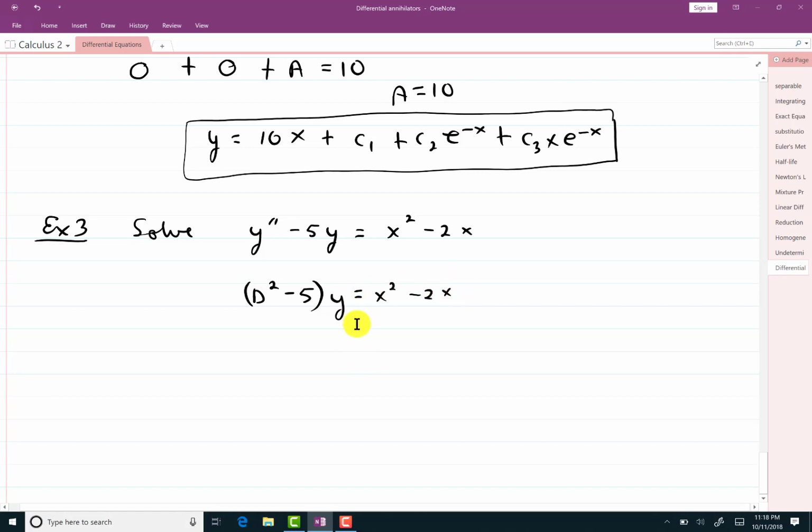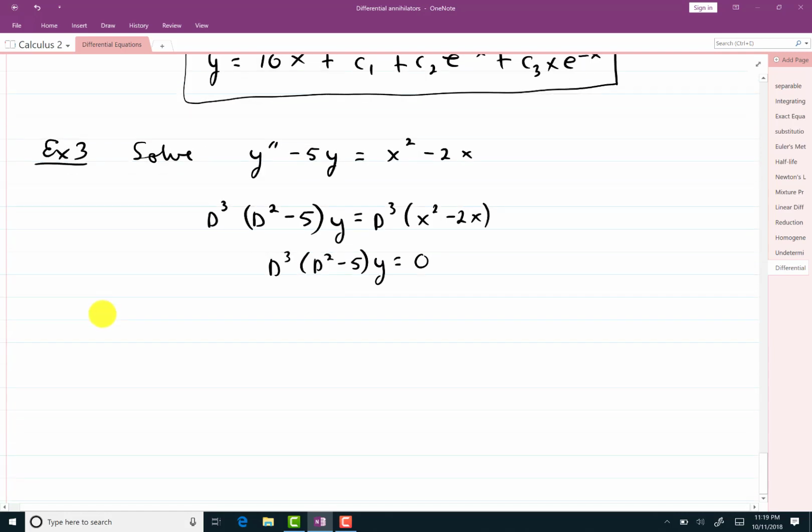Well, to wipe out a second degree polynomial, you apply D cubed to it. And we'll end up with D cubed times D squared minus 5 of y will equal 0.